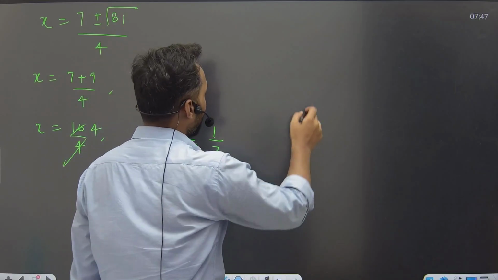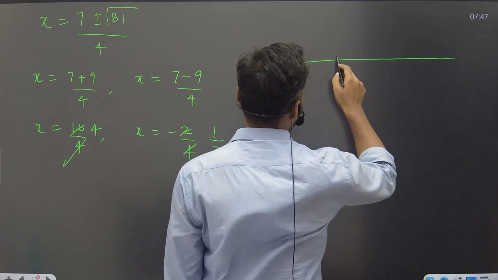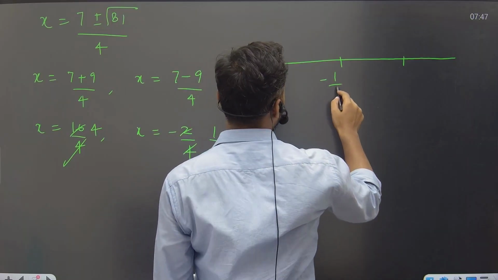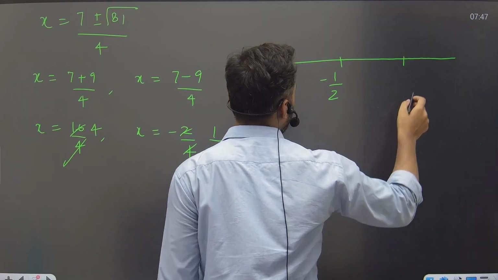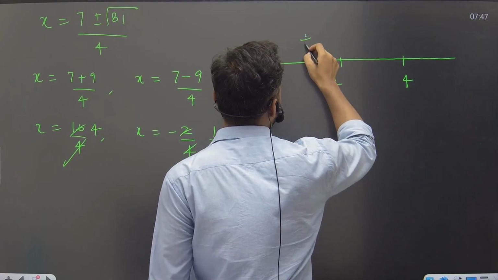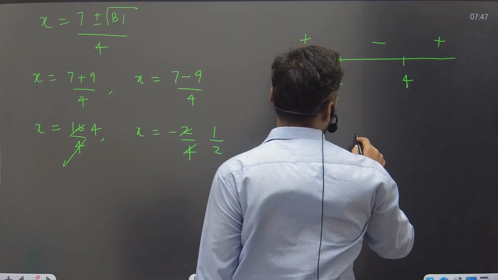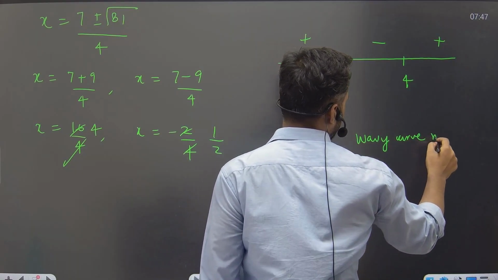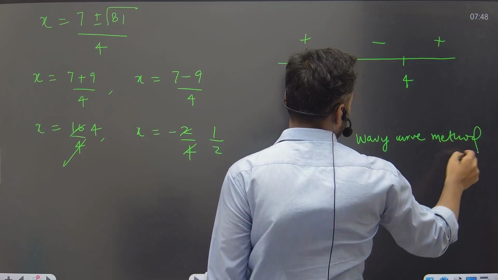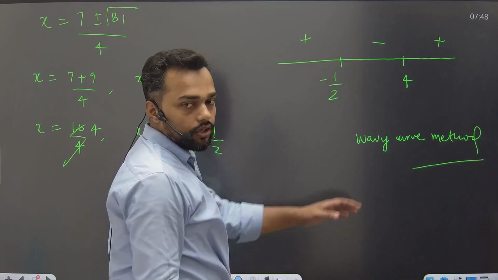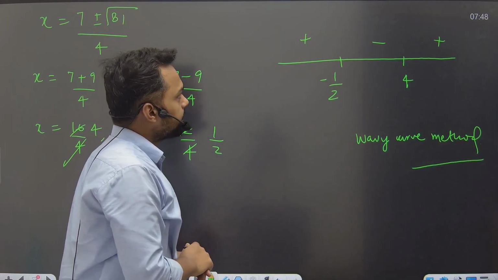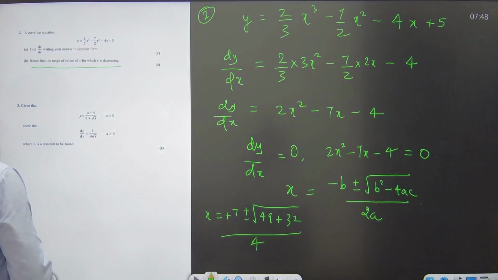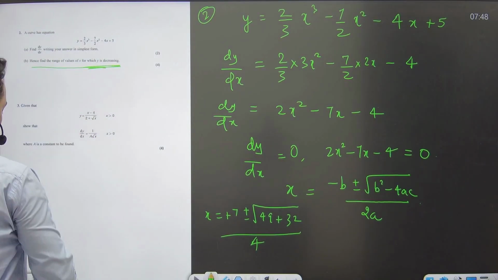If we plot these points on the number line, we'll get negative 1 by 2, and here we are getting 4. So plus, minus, plus. What are we applying here, student? Wavy curve method. Okay, you can Google it, wavy curve method. So they have asked us for the range of x for which y is decreasing.